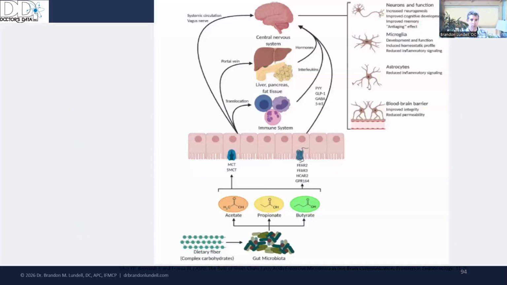So this is just a schematic of what the acetate, propionate, and butyrate do. We have all the receptors in our enterocytes, colonocytes. It increases GLP-1, GABA, 5-HTP. One of the things that we use in place of GLP-1 agonists in clinical practice. And I'm going to tell you, GLP-1 agonists cause leaky gut.